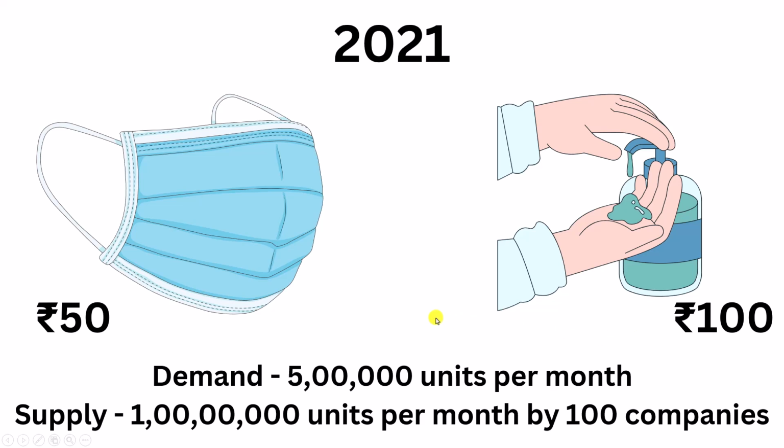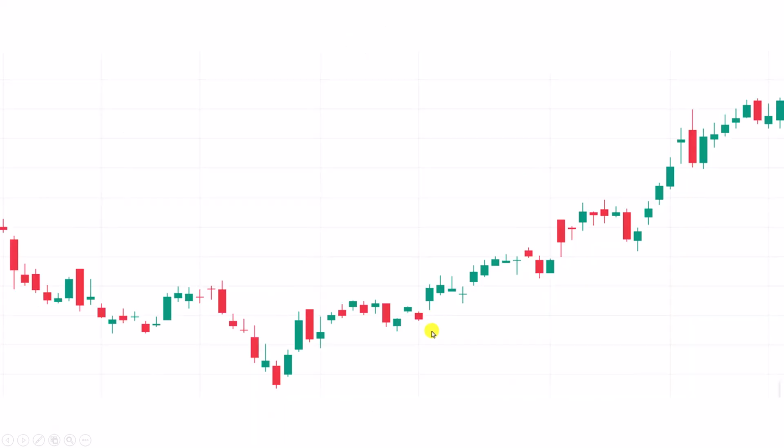Alright, and this is exactly how the price of the stocks move too. If there is demand, and if the demand is more than supply, the price will move up.